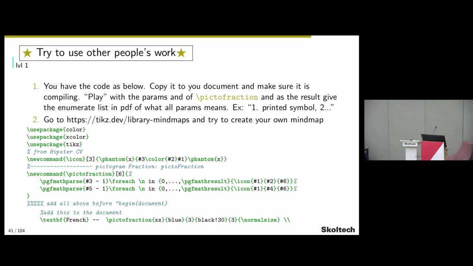So your task for this subtask is to understand what the first parameter is, what the second is, what the third is, and so on. Just play with it. For example, change the XX to other letters and see what the difference is. Change the blue to red and see what the difference is. And as a result, create an enumeration. Then you say that the first parameter is this, the second parameter is that, and so on.